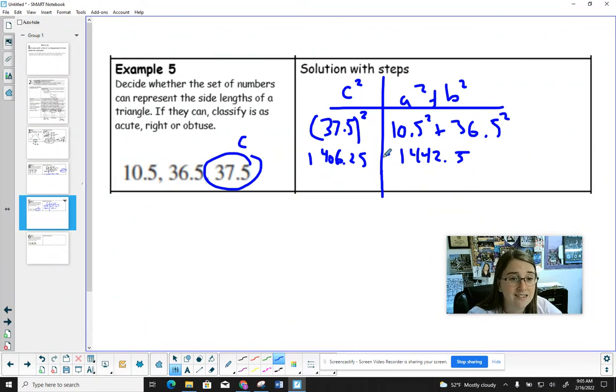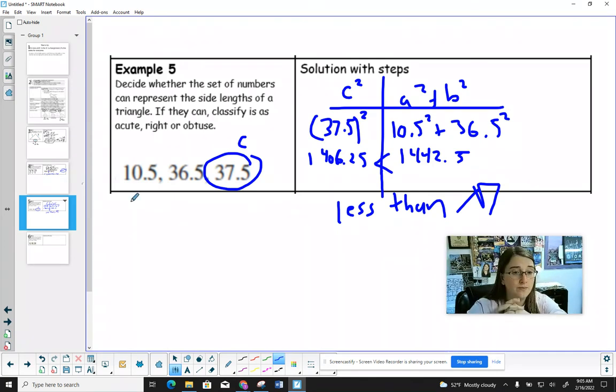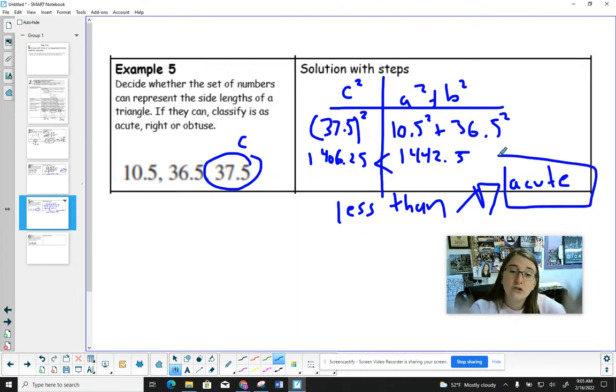Well, c squared is less than the other side, right? So now what this means is it can't be a right triangle because that would need to be equal. Less than goes with acute. Acute is an angle less than 90. So that's why you want to think less than, acute.